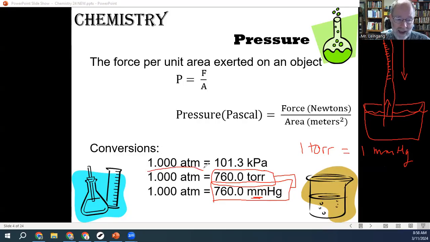More commonly now, we use atmospheres as our unit of pressure. And so you'll see we've put conversion factors on here, all three of them, in terms of atmospheres. And really, atmospheres is something that we came up with based on the standard general pressure found at sea level.